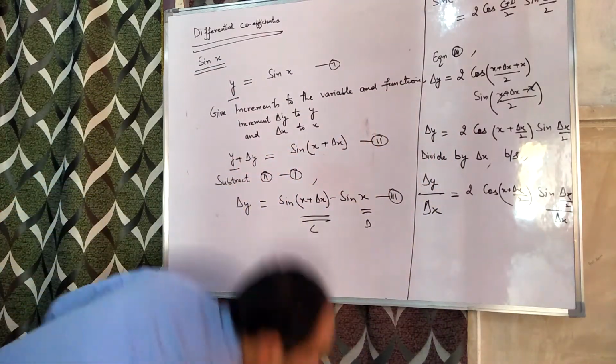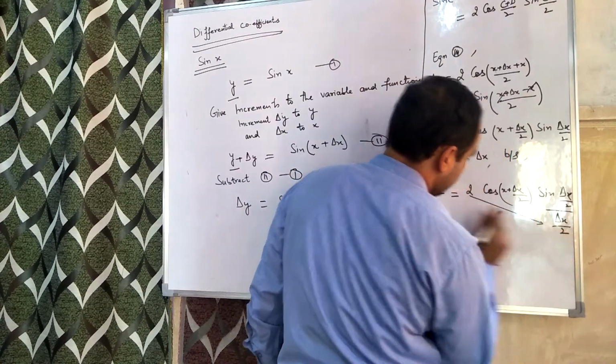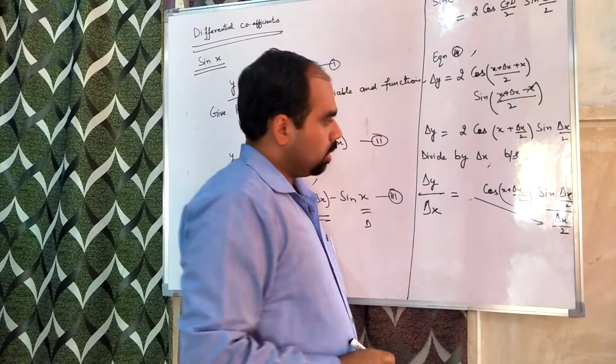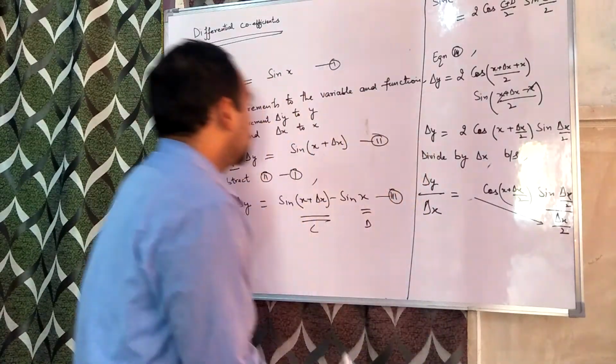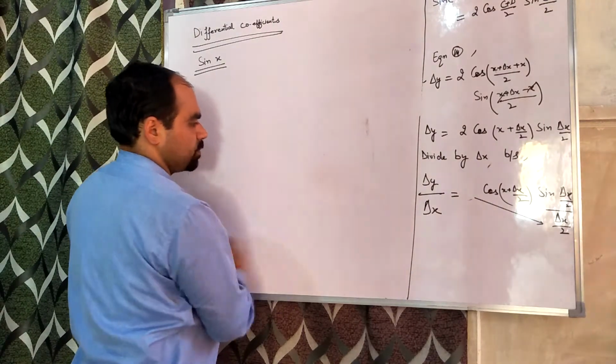And I am taking this 2 here. Now this 2 is getting omitted, so 2 is here. So this is what we have got after putting all the steps here.